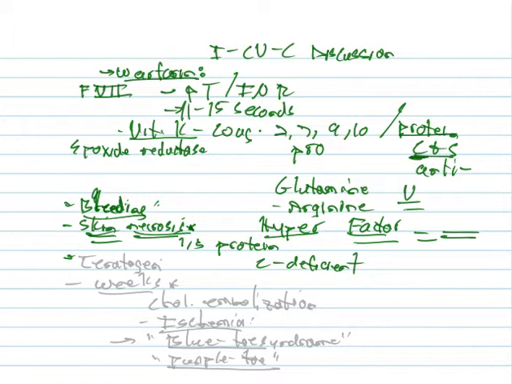Other complications of warfarin. It is a teratogen. It's waging war upon the fetus. Other complications. Weeks later, there's a rare complication, weeks later, of developing with the warfarin what's known as cholesterol embolization.